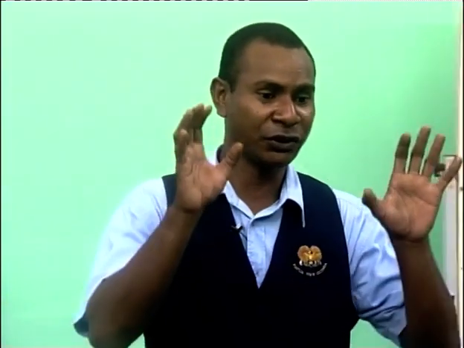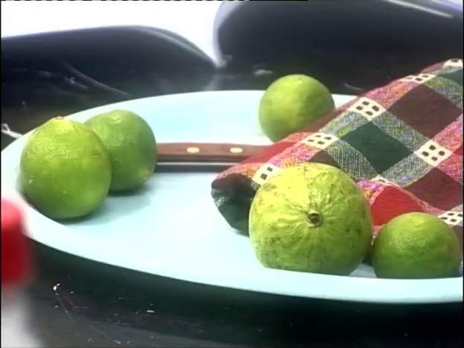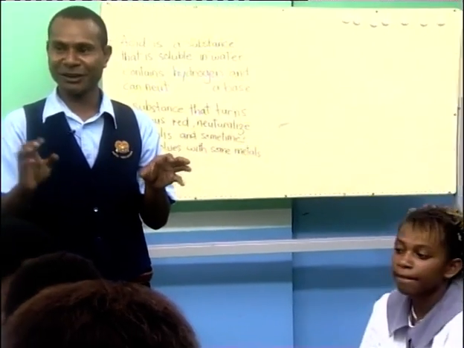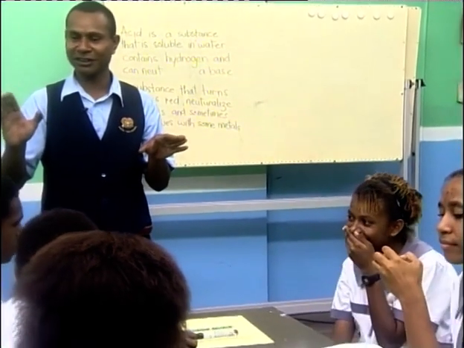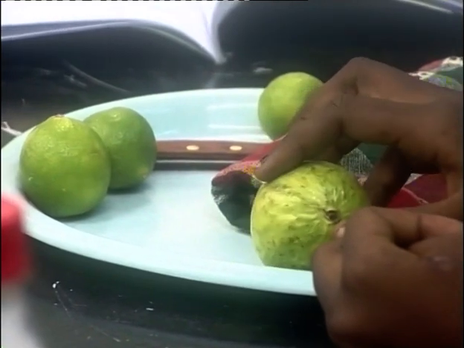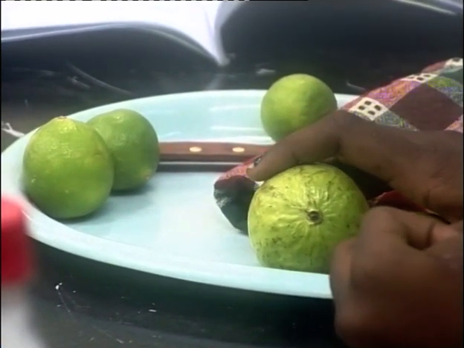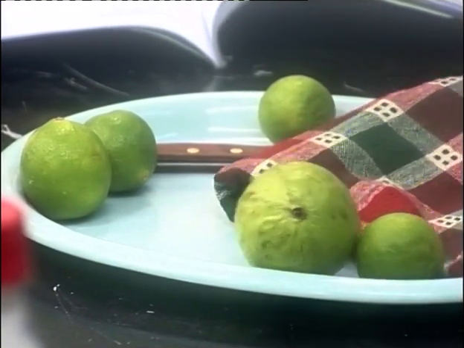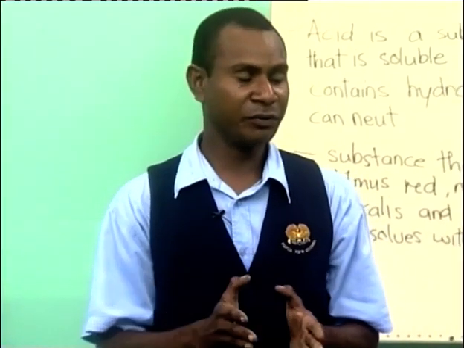Now, on your tables, you have different kinds of fruit or different kinds of substance that you have brought. You will try out those and write down the descriptions of each of the fruit. In your workbook, you will also have a table, so you will fill the table up.